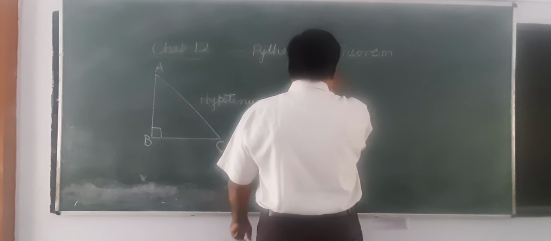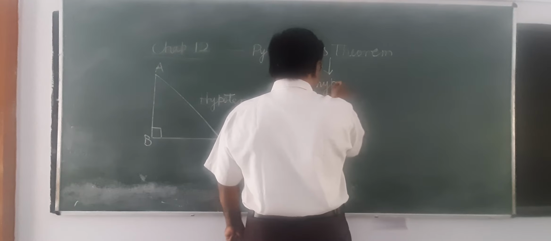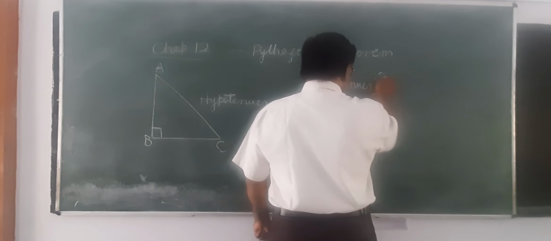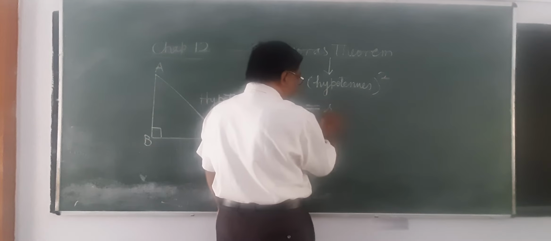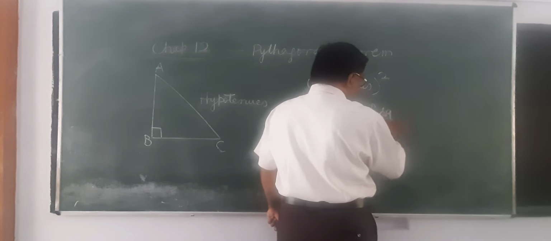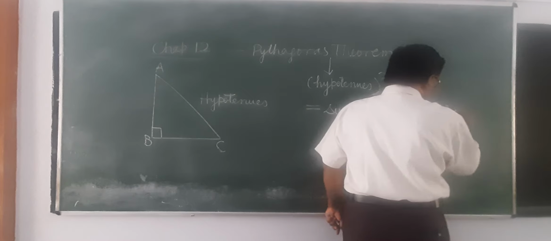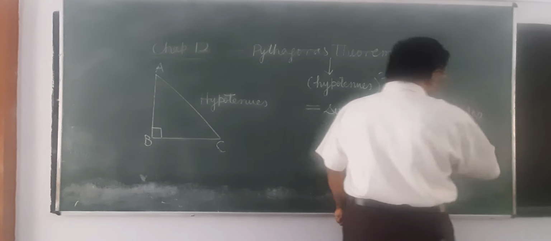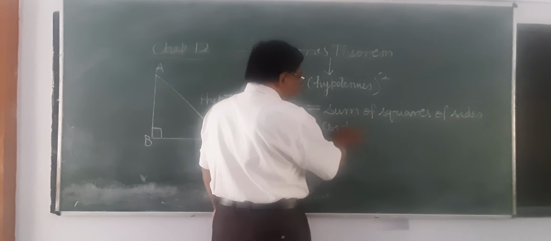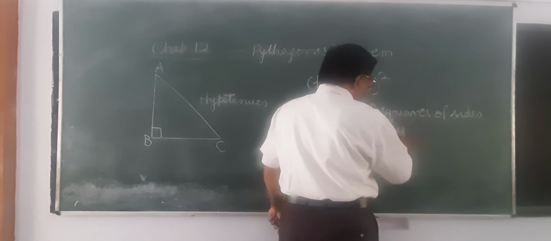The square of hypotenuse is equal to the sum of squares of sides containing the right angle.